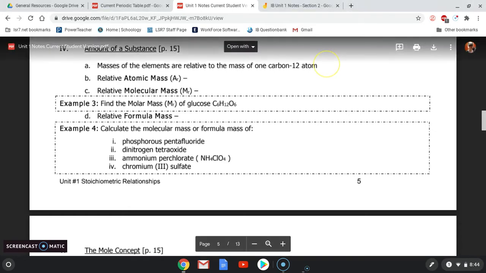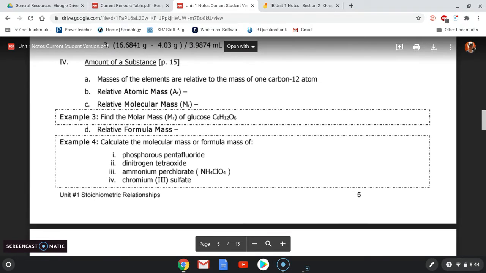The A says amount of a substance. Masses of elements are relative to the mass of one carbon 12. That just means, are they bigger or smaller than carbon 12? Not something super important to you. The next three things are important.